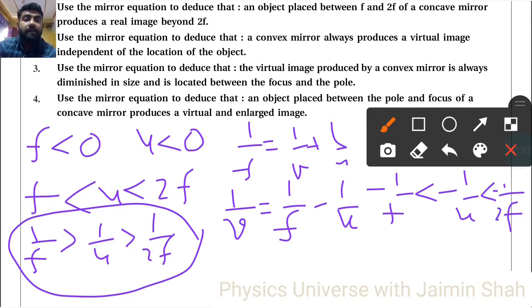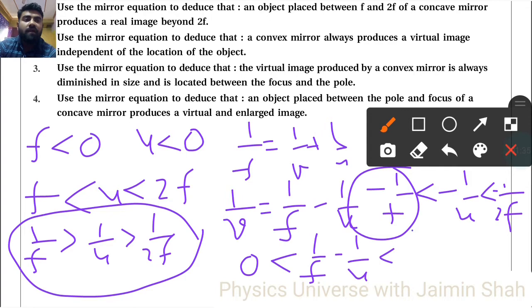Now by adding 1 upon f, the left side becomes 0, so 0 less than 1 upon f minus 1 upon u less than 1 upon f minus 1 upon 2f. So now 0 less than 1 upon v less than 1 upon f minus 1 upon 2f.